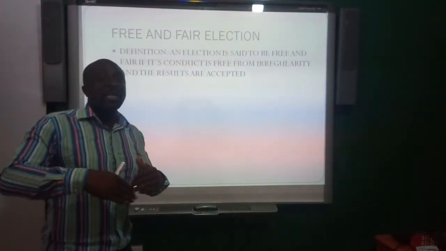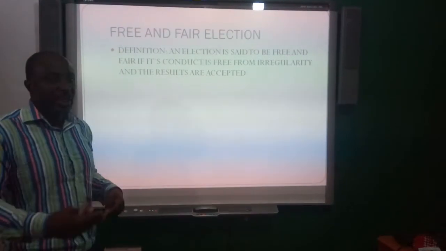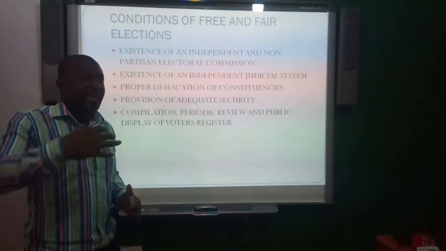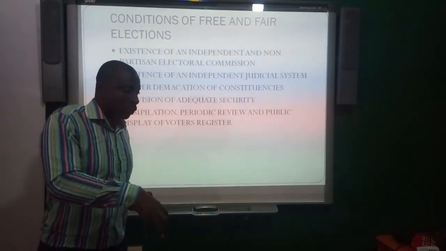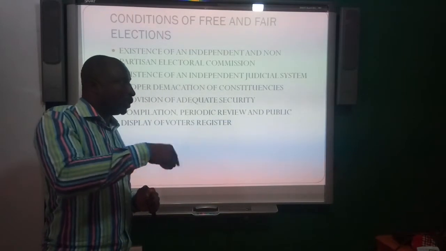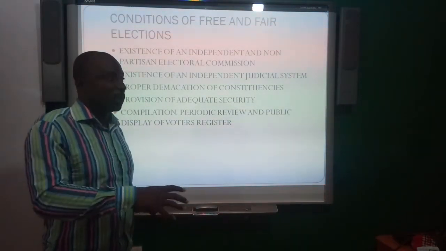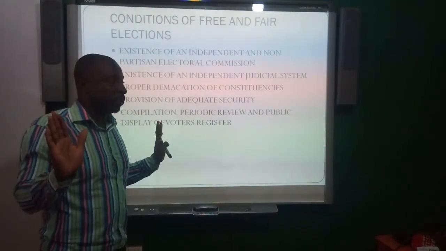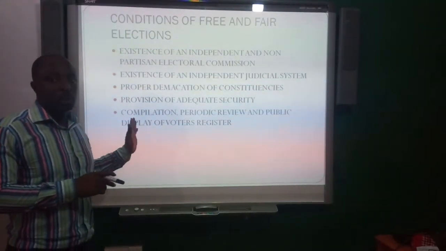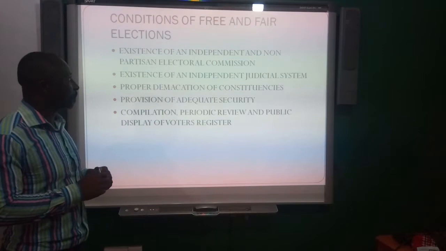So now let's look at some of the conditions necessary for free and fair election. These are the things that we need to do as a country, we need to practice as a country, we need to enhance as a country if we want our election results to be free from malpractices so that the results become accepted.